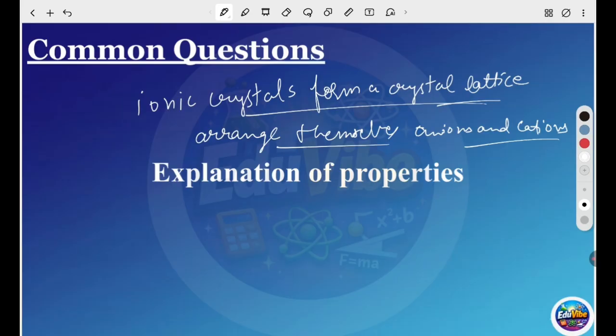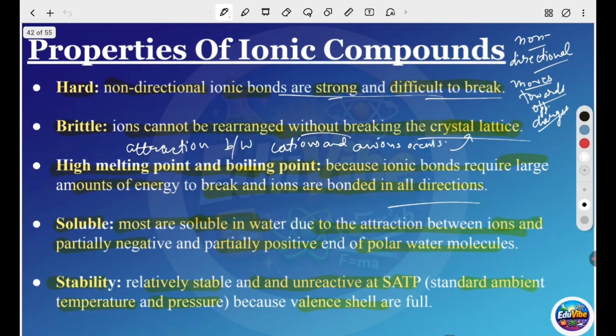Another question: why are ionic compounds hard? Put these things in your own words, or write from here if you know this. Why is it brittle? Why does it have a high melting and boiling point? Why is it soluble in water? Why does it have more stability? All the questions come from the definitions we discussed.